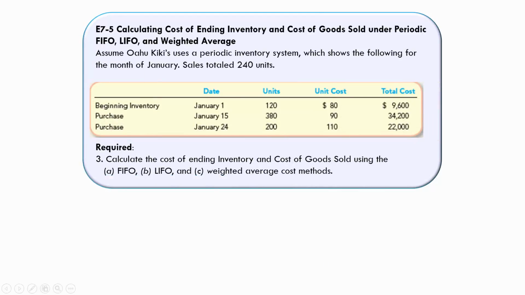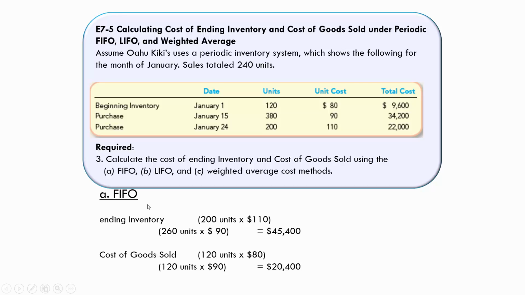And here we go with this one. Under FIFO, our cost of goods sold is the oldest values first. 240, 120 from this, 120 from this, that's where they're getting it.